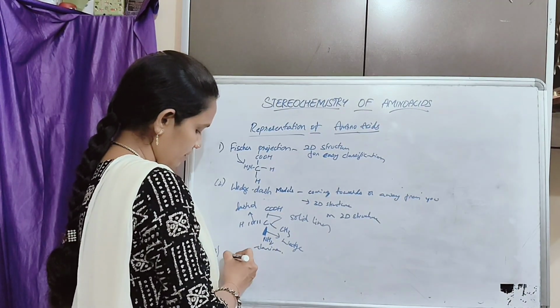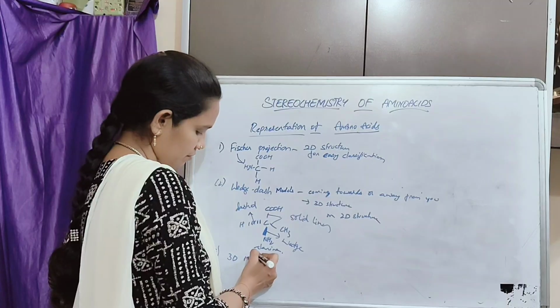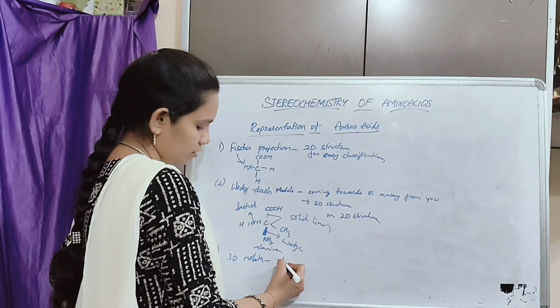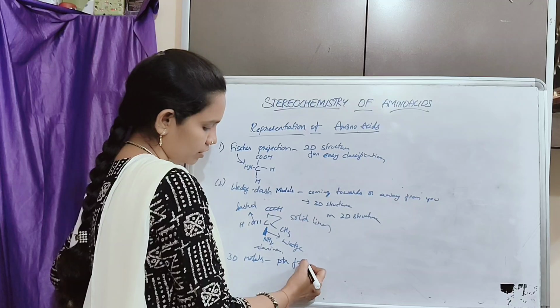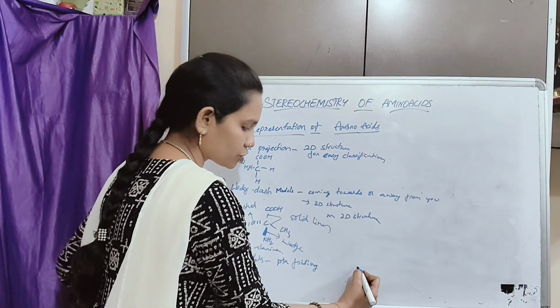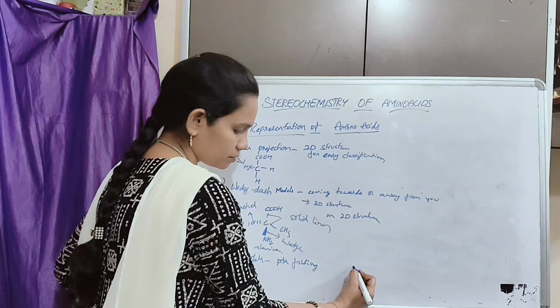And finally, 3D models. These are helpful mostly in protein folding, right? So I'll give an example with a basic structure of amino acid.